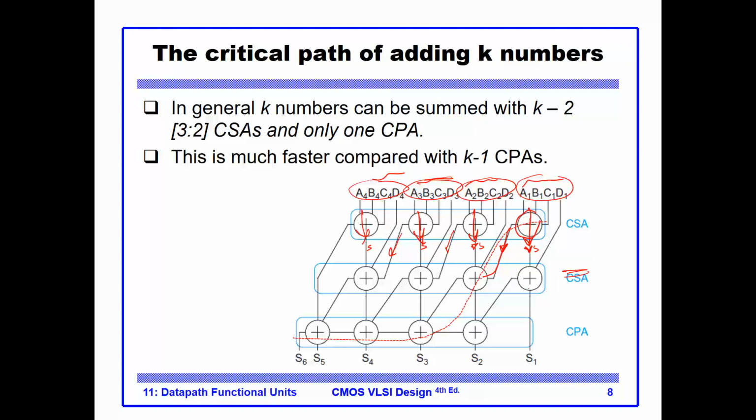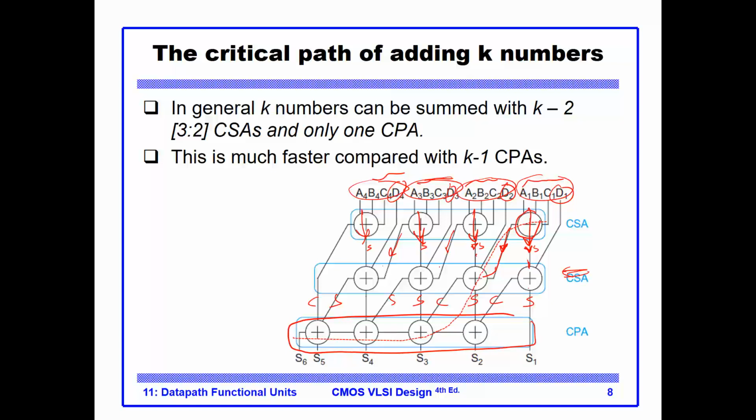And now in this step, what do I do? I add the sum and the carry from the previous stage and the fourth number, which is the D's, and I produce a sum and a carry, a sum and a carry, a sum and a carry, and then I use a carry propagate adder to add the last two rows of sum and carry.